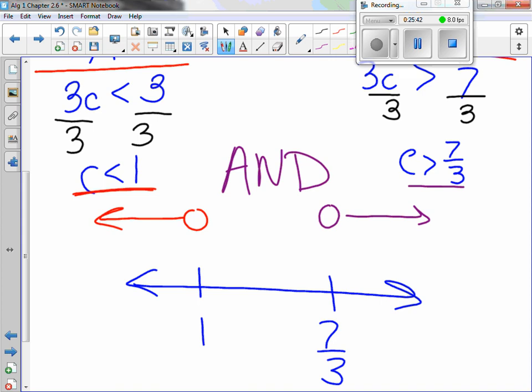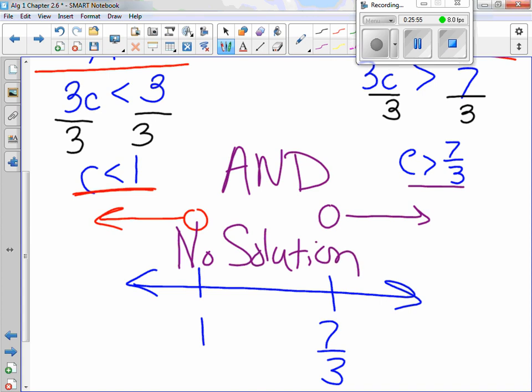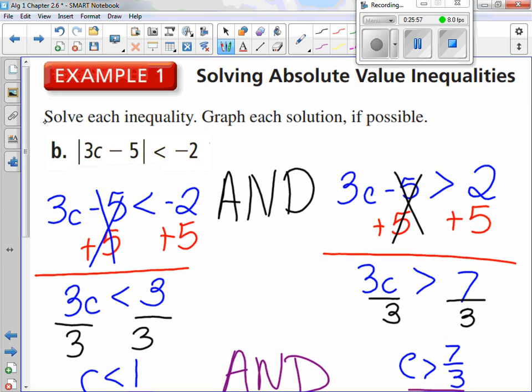Is there anything in common? No, right? There's nothing in common here. Because the only way this could be an OR statement is if this was greater. Because if it said the absolute value is greater than -2, it would work. Okay.